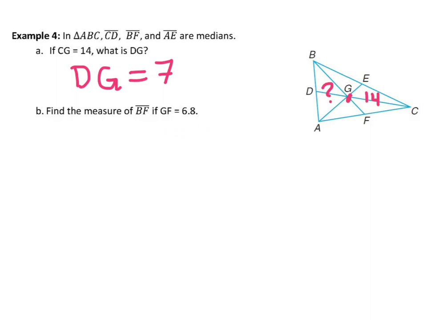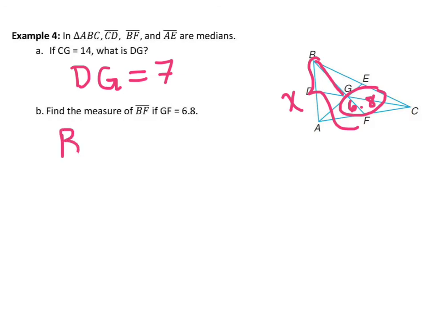So here we have to remember that if I mark my diagram, my median is broken up into a 2-to-1 ratio. BF is the entire median, and this is what I want to find. So I'll mark that as x. Let's keep in mind, since BG is the longer portion of my median, I want to double GF to get the length of BG.